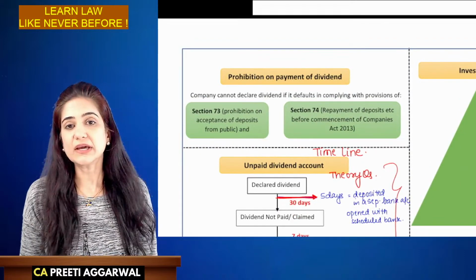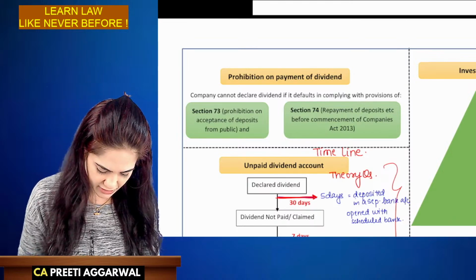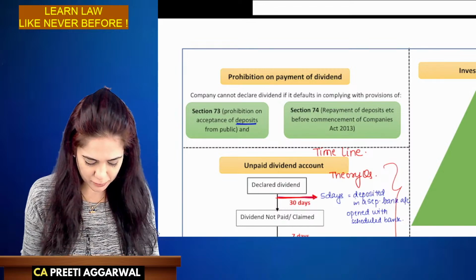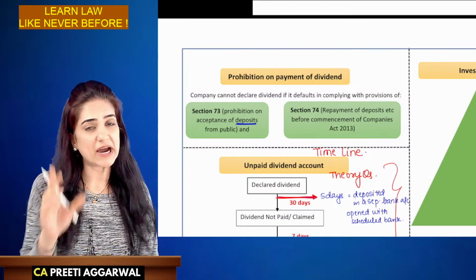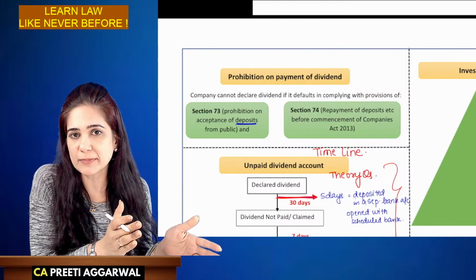The company is not allowed to declare dividend if they have defaulted in repayment of deposits or they have accepted deposits from the public. We had discussed last time only eligible companies can accept deposits from the public.